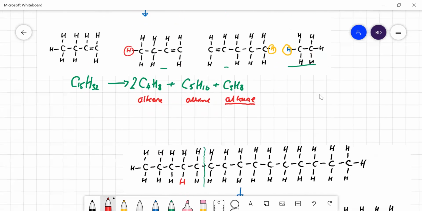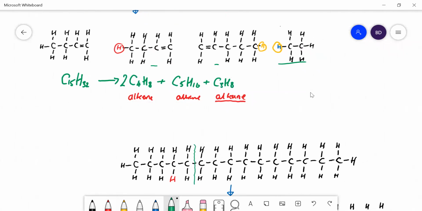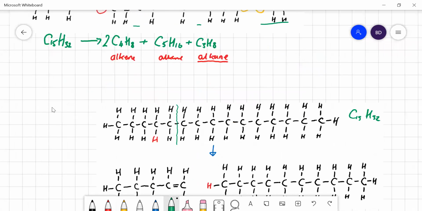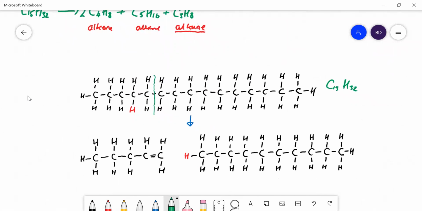Okay, so this time, again, we've got C15H32, and this one's going to break up into two fragments.